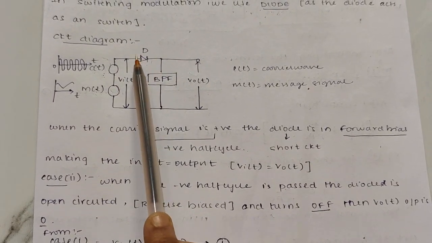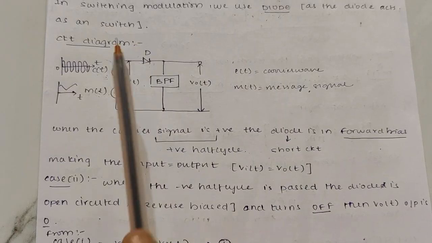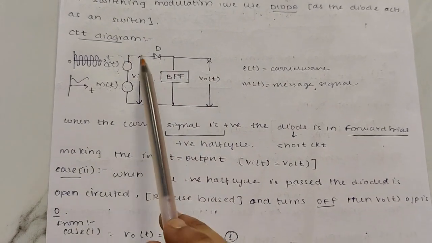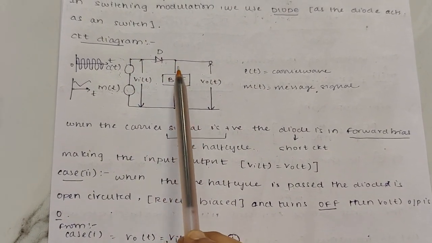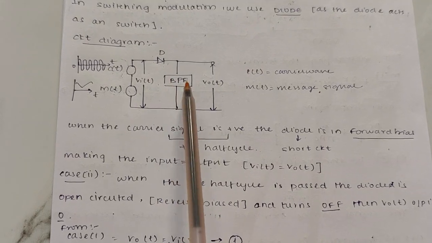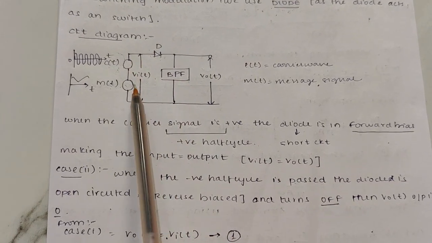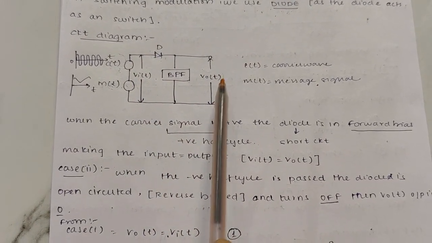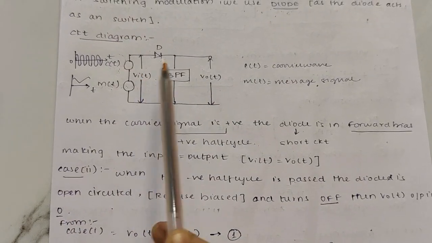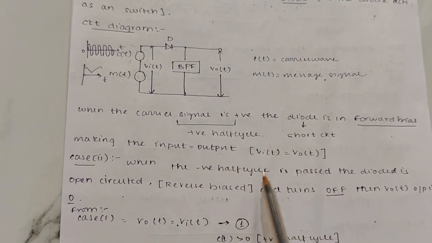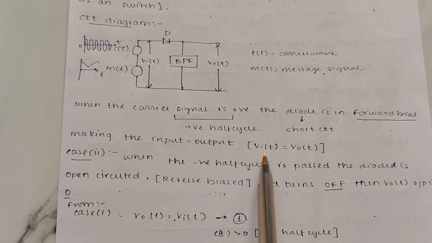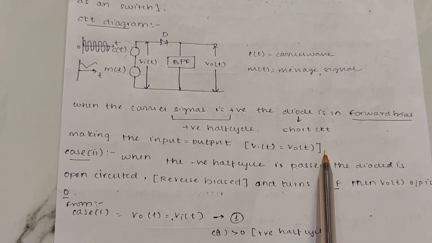When it is short circuited, we do not have any filter, nothing. So Vi of t is equal to V naught of t. Input is equal to output. So the equation becomes Vi of t equal to V naught of t.